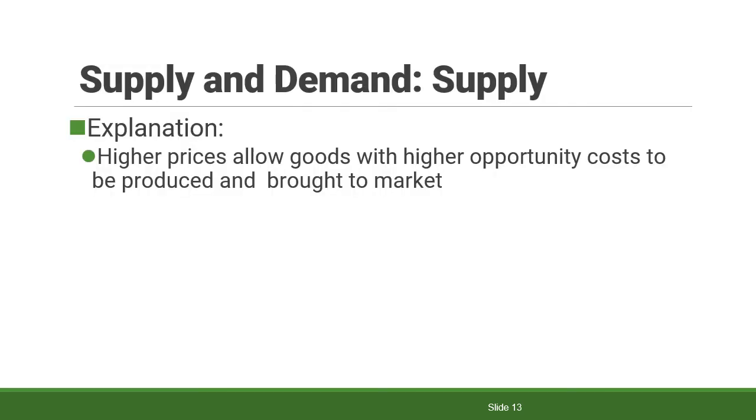Now, the best way to explain the supply curve is by looking at how higher prices allow goods with higher opportunity costs to be produced and brought to the market, right? So the best way to illustrate this is to imagine the entire food market is composed of two providers, right?